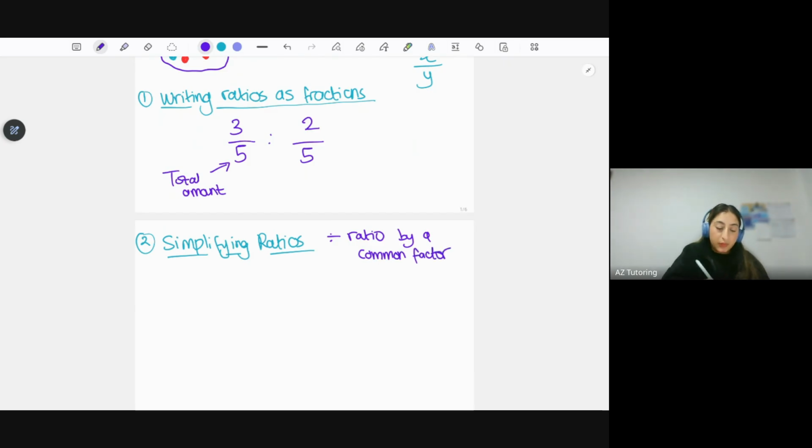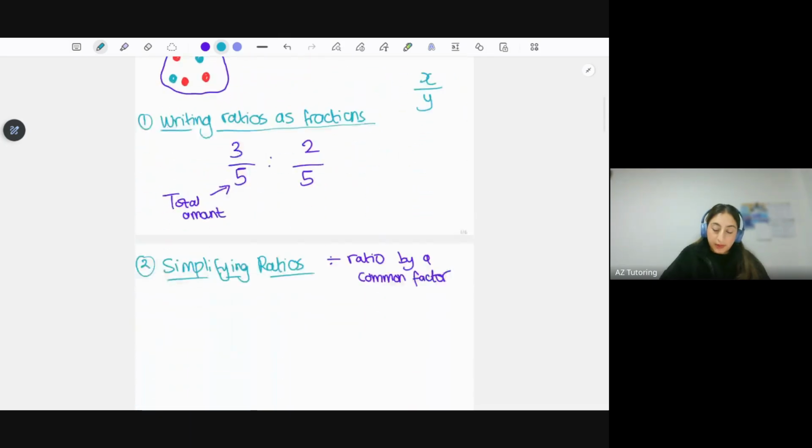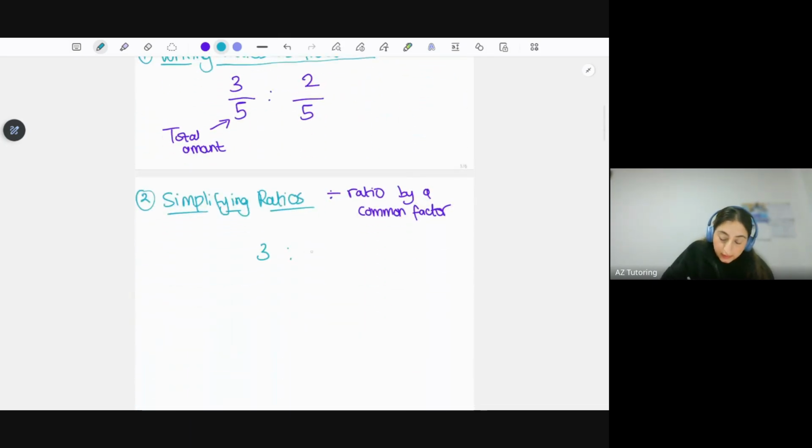So using this example 3 to 2 again, my ratio is 3 to 2. If I'm going to simplify, it just means keep dividing it until you can't divide it anymore. So I'm going to divide both sides by 2. So 3 divided by 2 is just 1.5, and 2 divided by 2 is just 1.